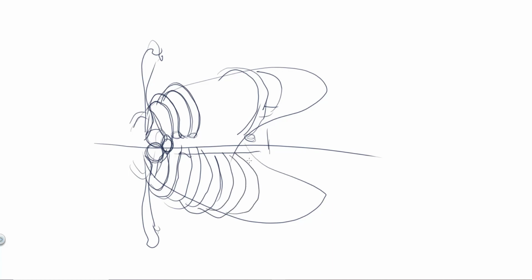Some are called true ribs, and these are the false ribs. I will discuss later what is a false rib, what is a true rib, and what is a floating rib. Here are some of the floating ribs. This is one floating rib.